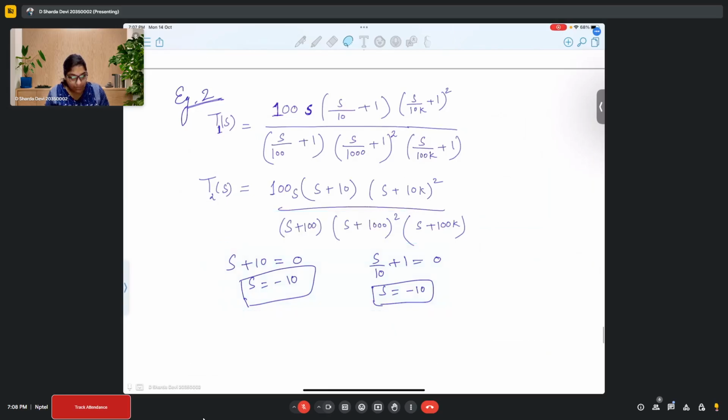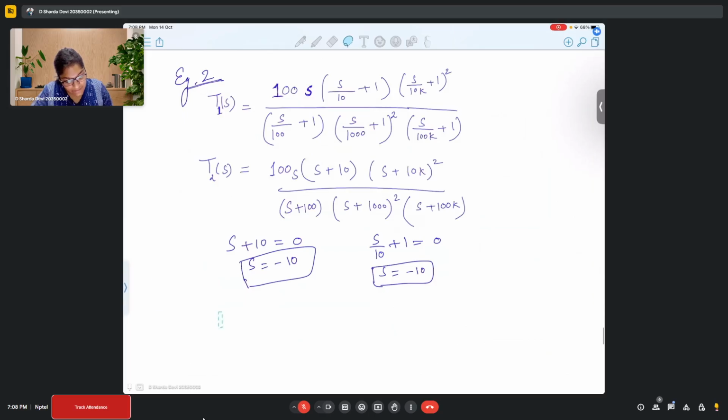Let me simplify your question, okay? My question is, tell me the value of A10, A20. That is the DC gain of transfer function 1 and DC gain of transfer function 2.